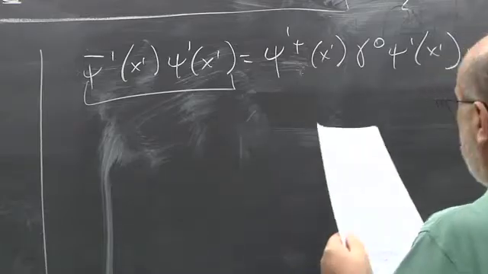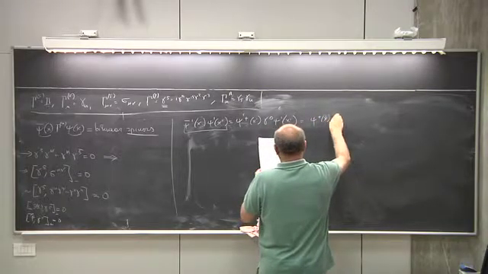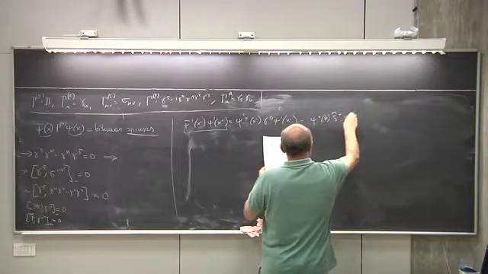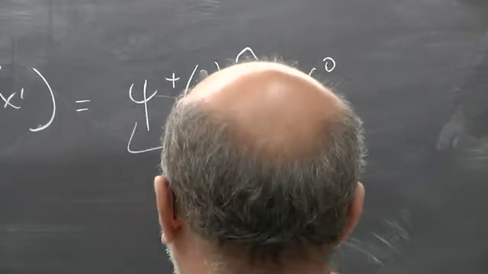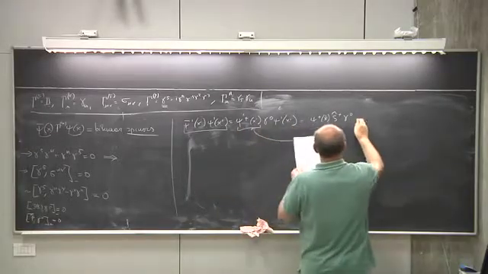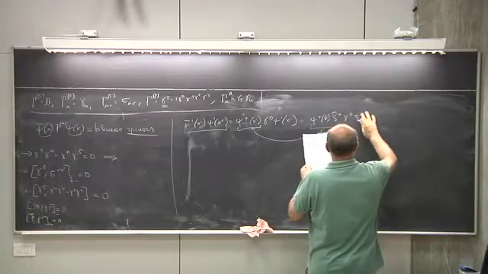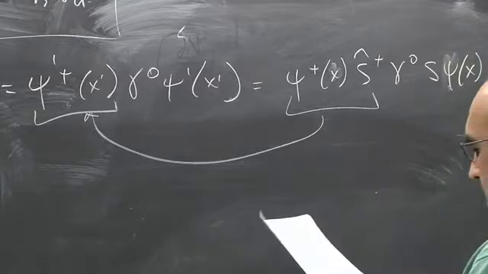Now this one is psi dagger S dagger gamma 0, because this quantity is this. Then I have gamma 0, then I have S psi of x. Okay.